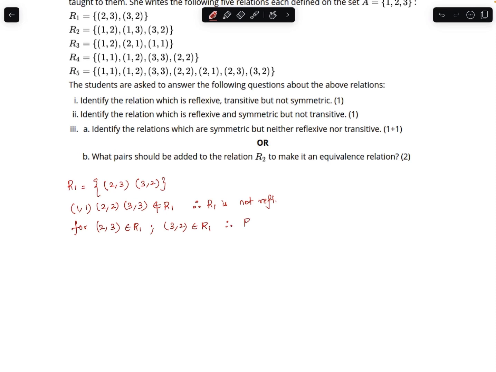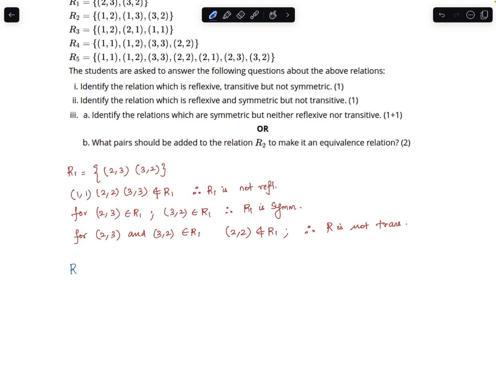Therefore, R1 is symmetric. For 2, 3 and 3, 2 in R1, there is no 2, 2 in R1. Therefore, R1 is not transitive.